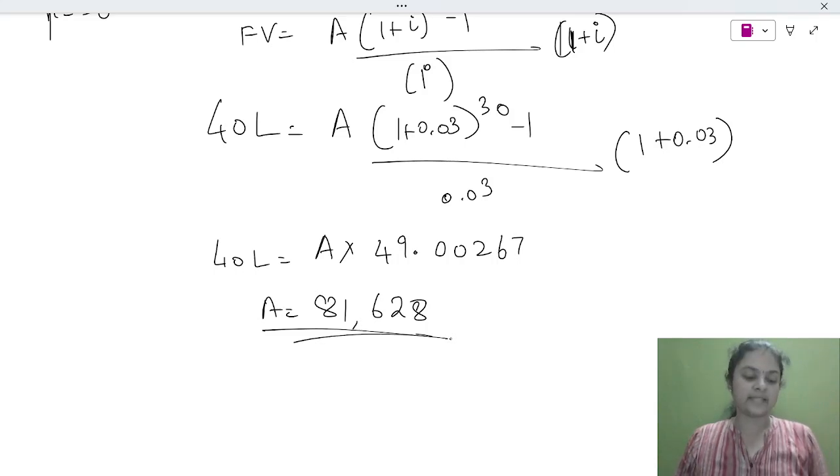So the crux lies in identifying what the values are and what is asked. Once you identify what this is, after that it is just putting it in the formula. So for identifying that only, this chapter is very, very crucial.